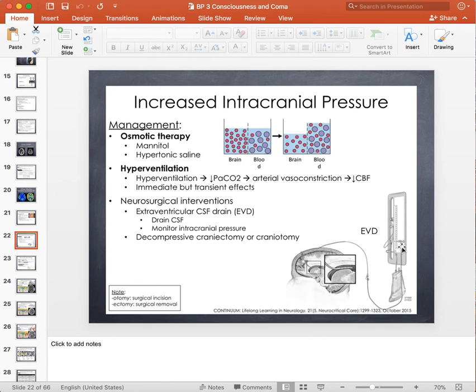Ultimately, some people require actual removal of the skull, especially if it's a process where the brain is continuing to expand, such as with edema from a stroke. It allows the brain to expand rather than herniate down the spinal canal, which is brain herniation. Letting it herniate out of the skull is alarming to look at, but less damaging. And we have a couple of really cool videos of that coming up.